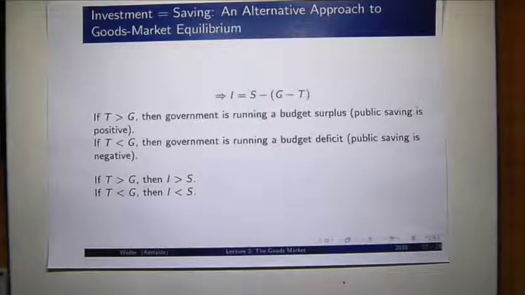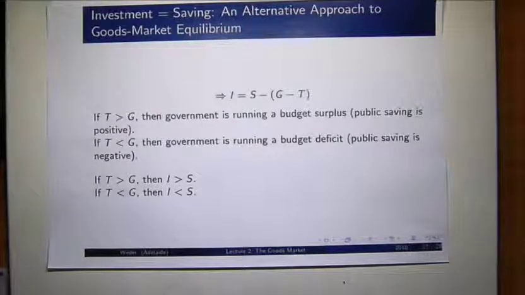Things just have to add up. Okay, I didn't tell you yet why this response is the case, but this is simply accounting. Okay, so it's not a theory yet, it's simply accounting, so there's no causality here how then investment goes down or savings goes up. But that's the simplest way to write these things.